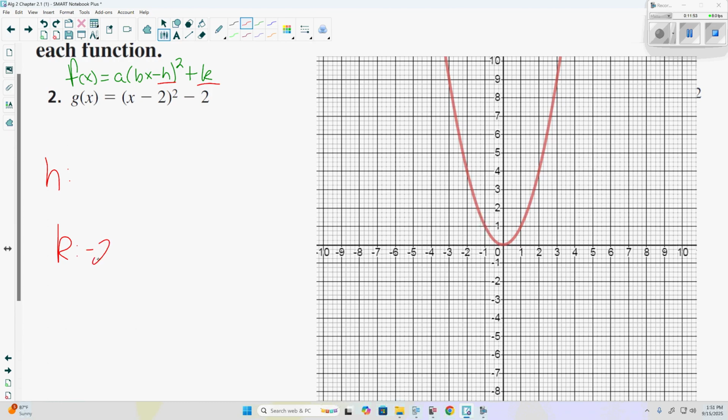Negative 2. Since it is minus 2, the k value is indeed negative 2. That works kind of nice. H. The number in h's spot is 2. But the question is, is it going to be positive 2 or negative 2? Positive, because x minus 2, x minus h, those are lining up. So h is indeed positive 2.